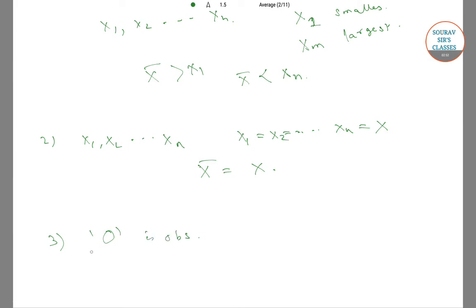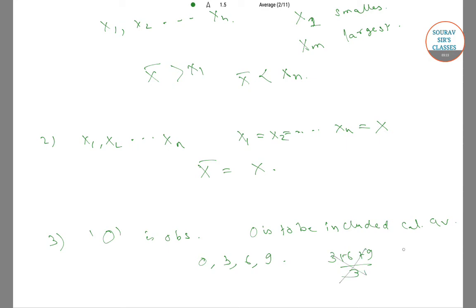then 0 is to be included while calculating average. That is, if we have to find the average of 0, 3, 6 and 9, and we write the average as 3 plus 6 plus 9 divided by 3, then it would be wrong.